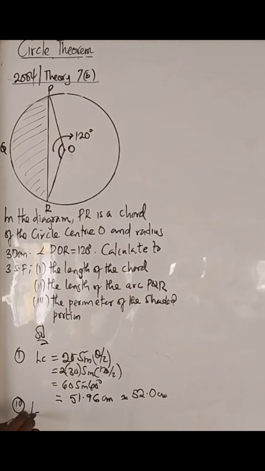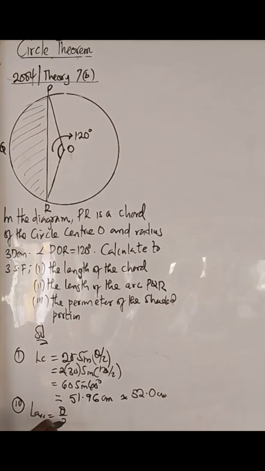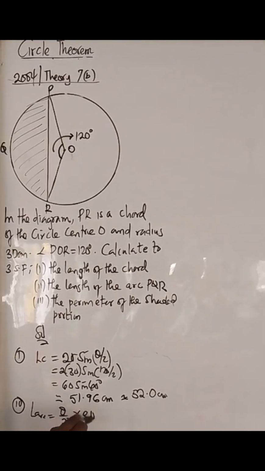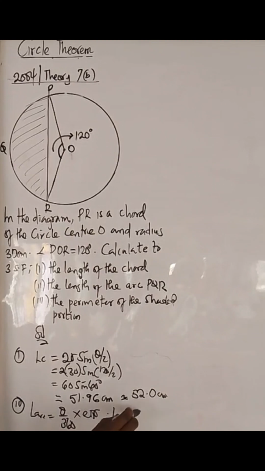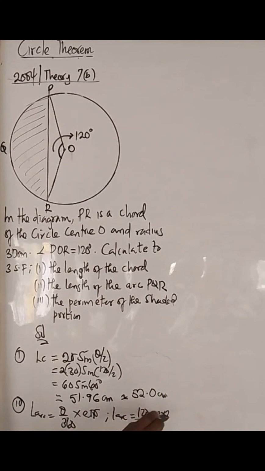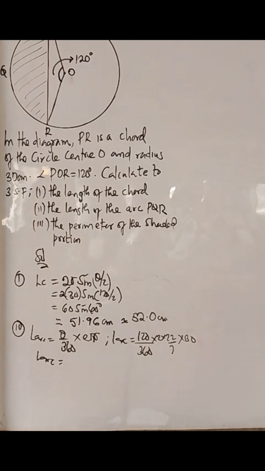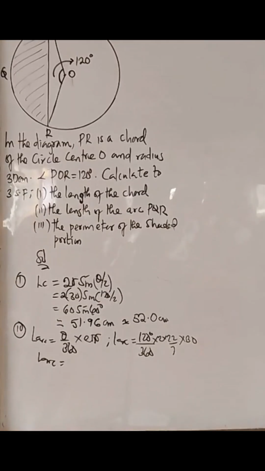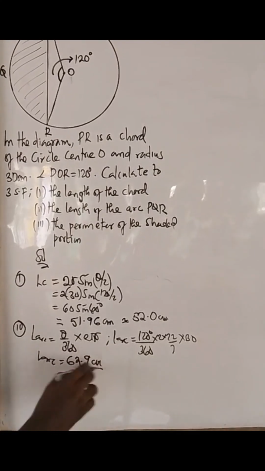The second point, the length of the arc PQR. The length of an arc of a circle is theta over 360 times 2 pi r. So from here, the length of the arc equals 120 divided by 360, times 2 times 22 by 7 times 30. So from there, the length of the arc becomes 62.9 centimeters.